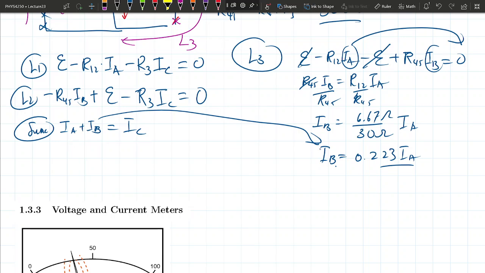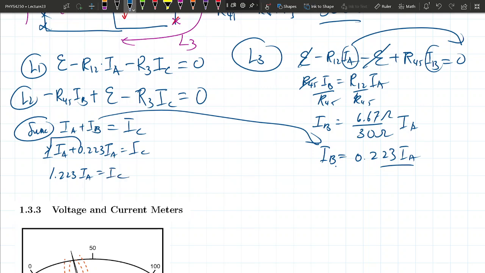if we do the substitution in here, we get, let's just write it out one step at a time, since we're doing this the first week of class. That's what that's equal to. Oops, yeah. And then you can add these together, because there's a hidden 1 in front of here. So this is actually 1.223 IA is equal to IC.